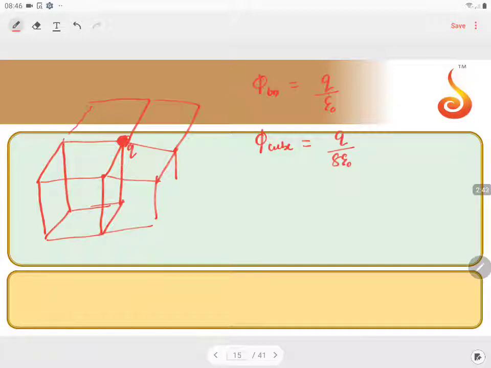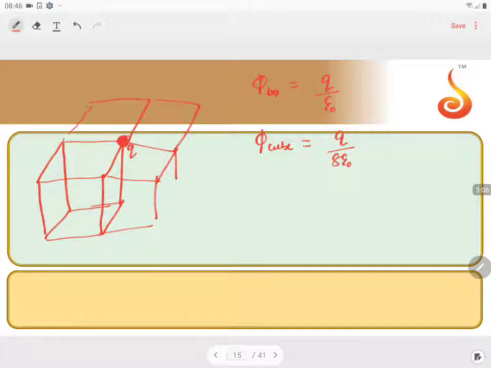Why? Because the charge is exactly at the center of the bigger cube. So the flux will be q by 8 epsilon naught, or 1 by 8 times the flux through the bigger cube. So through one smaller cube, the flux will be q by 8 epsilon naught.